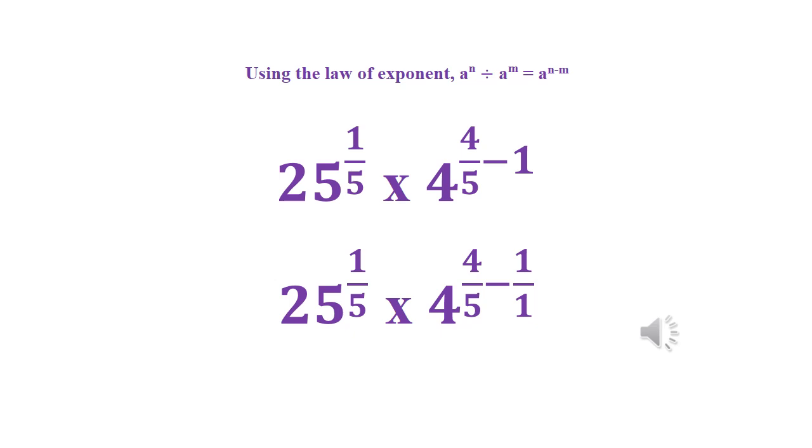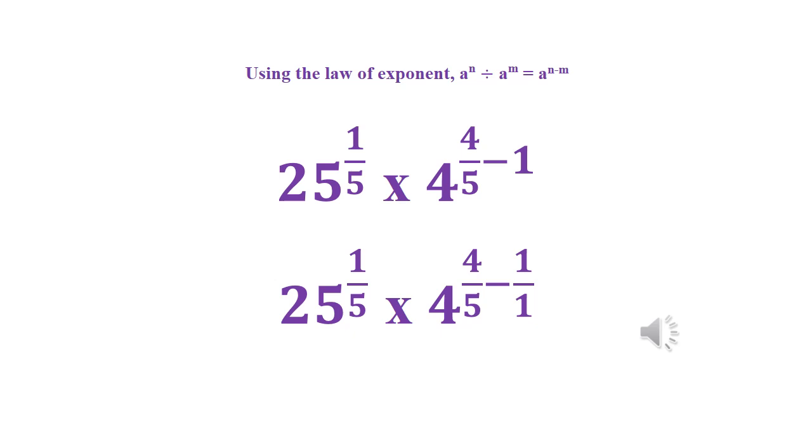That is, we have taken one of the bases 4 and then we subtracted the powers because the division sign changes to subtraction as a result of the law of exponents.